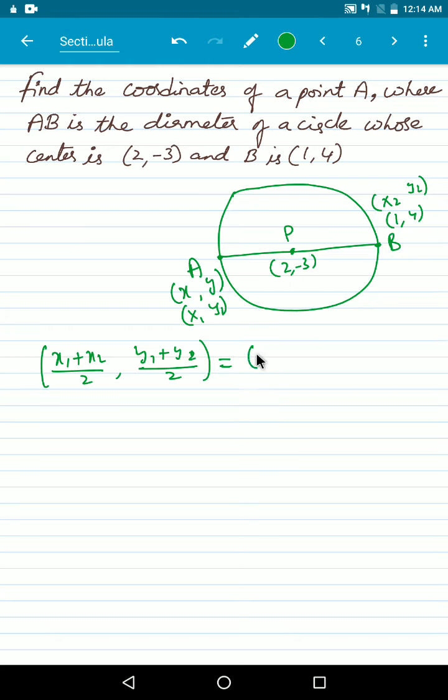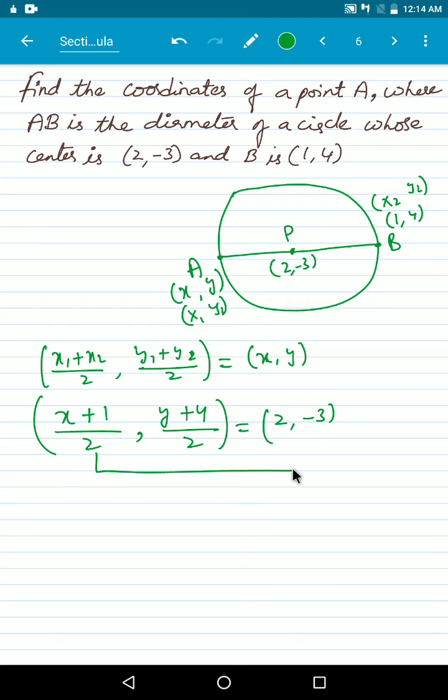Sorry, this is the midpoint. So x1 is x plus x2 is 1 divided by 2, comma y1 is y plus y2 is 4 divided by 2, is equal to the midpoint. What is the midpoint? 2 comma -3.